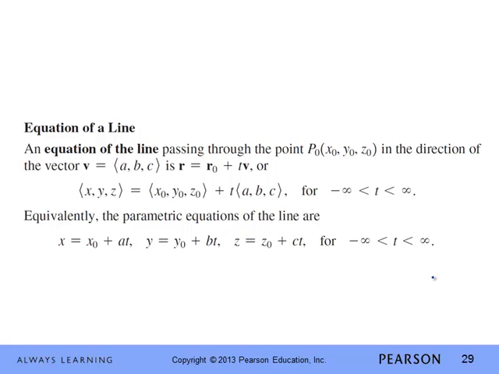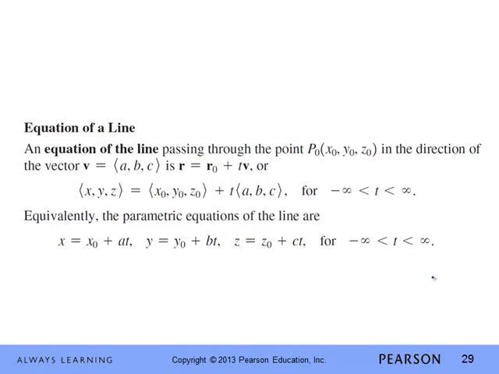You're going to be given some vector v as your direction vector with components a, b, c. And you're going to be given a certain point in space that the line goes through, x sub 0, y sub 0, z sub 0. So all you need to do is just add these two vectors together.